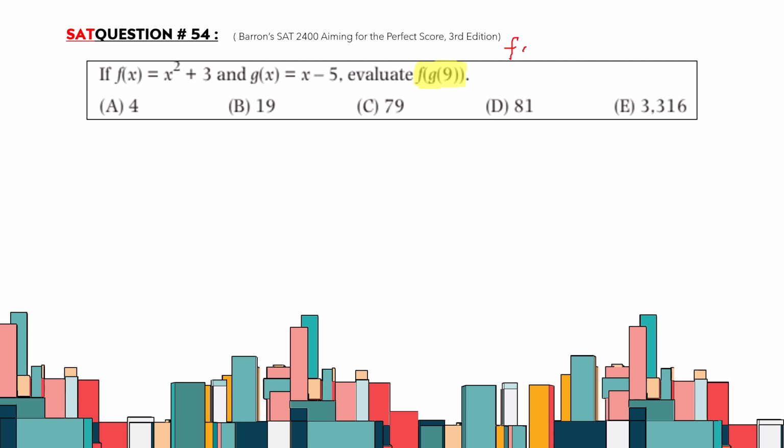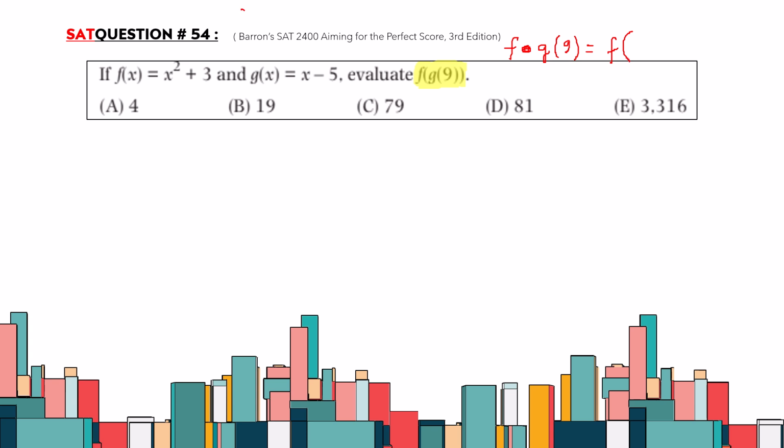F, the little circle, G of 9 is the same thing as f of g of 9. I always remind myself that whenever I see "of," I automatically write down the parenthesis.